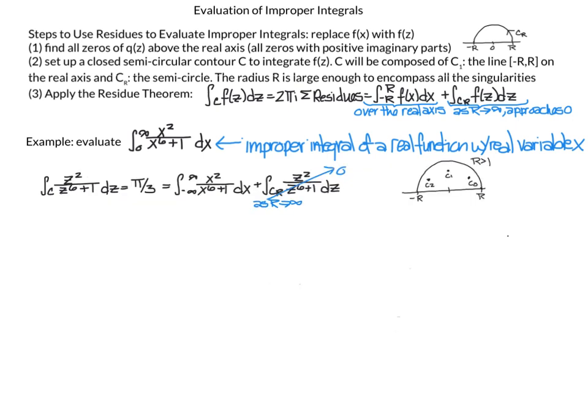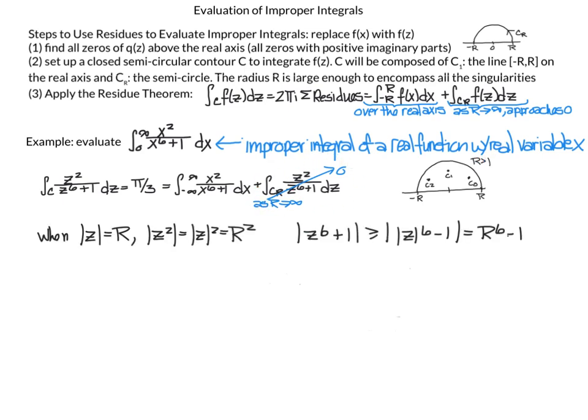Okay, now that we finished that problem, we're going to come back and look at why this integral, when we're on this upper half circle, as R approaches infinity, goes to 0. Much like our other problem, we're going to observe that the modulus of z, when we're on this curve C sub R, the radius of z, is going to be equal to R. So the modulus of z squared is going to be equal to R squared.